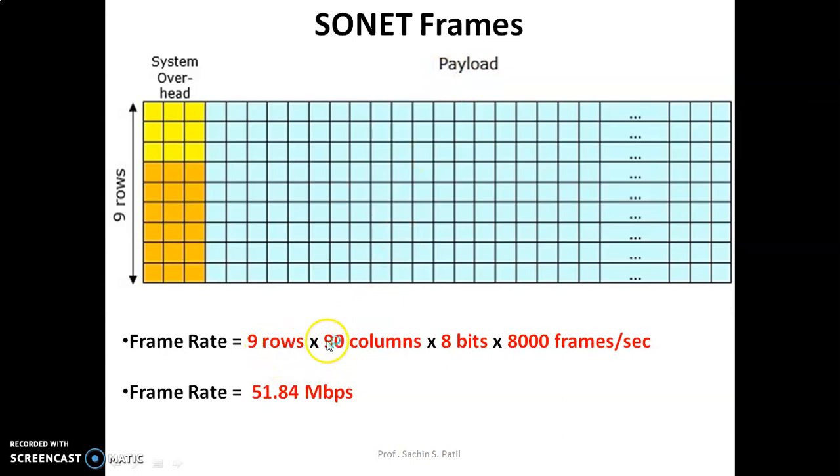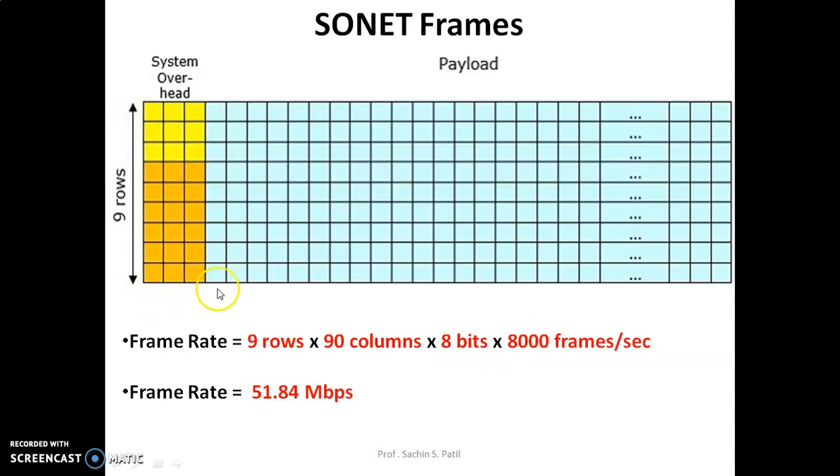So 9 rows multiplied by 90 columns is the structure of one SONET frame, and we get 810 bytes. One byte consists of 8 bits, so 810 bytes multiplied by 8 bits.